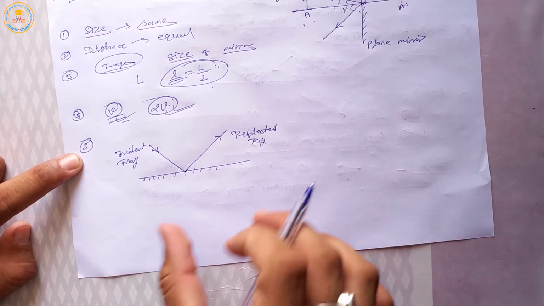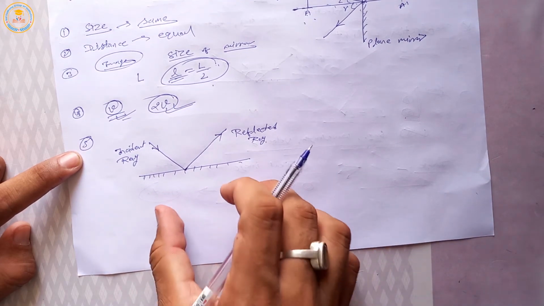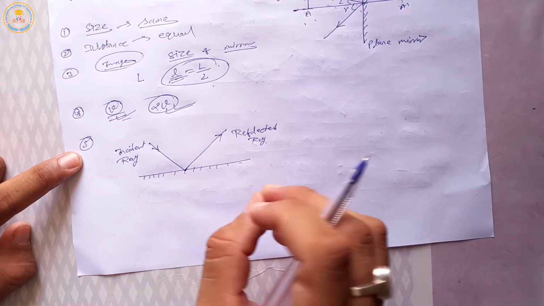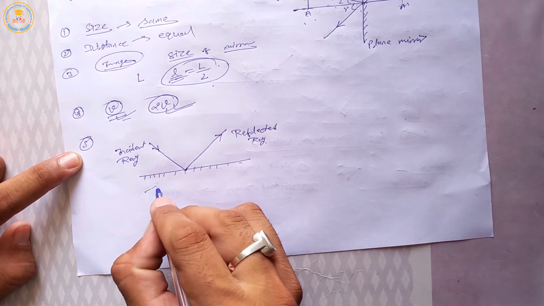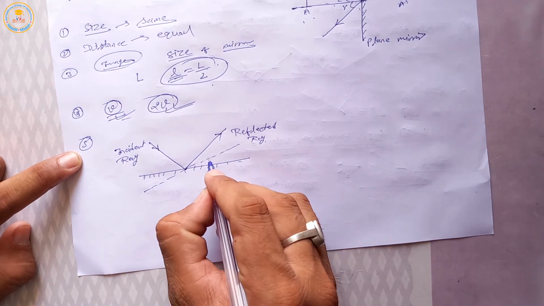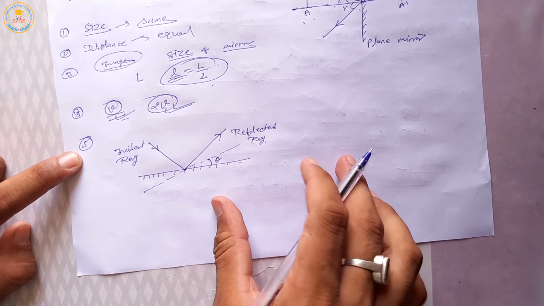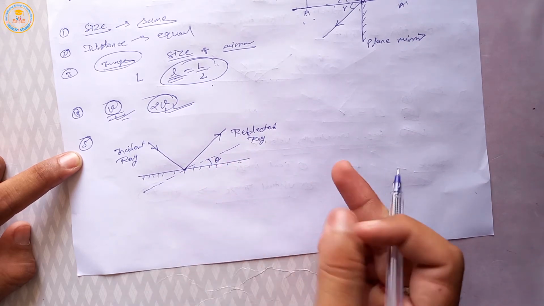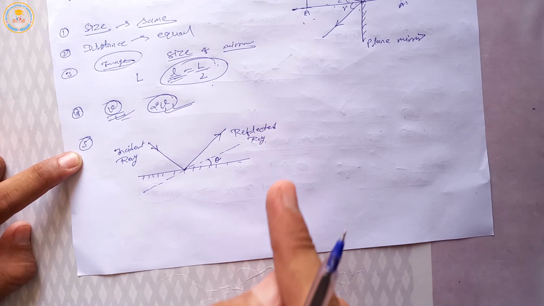Okay, suppose this mirror is rotated with theta angle like this. This is the final position of this mirror, which means this angle is theta. Then in this situation the reflected ray rotates with angle 2 theta. This is very important.